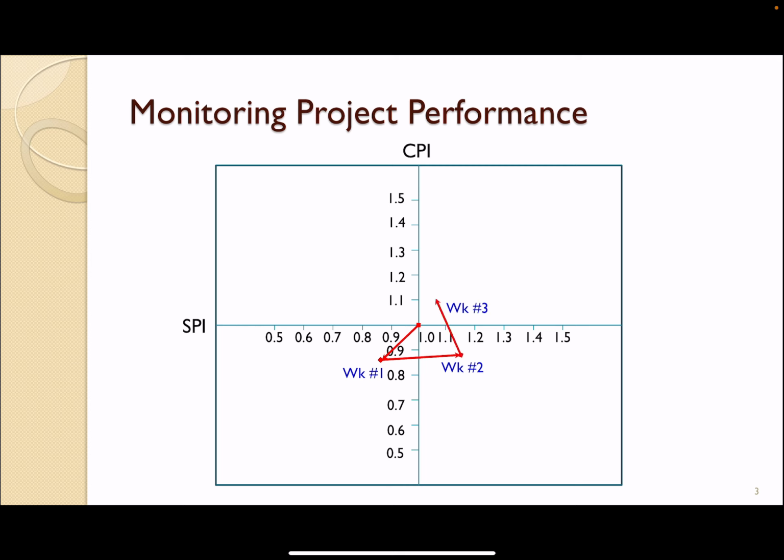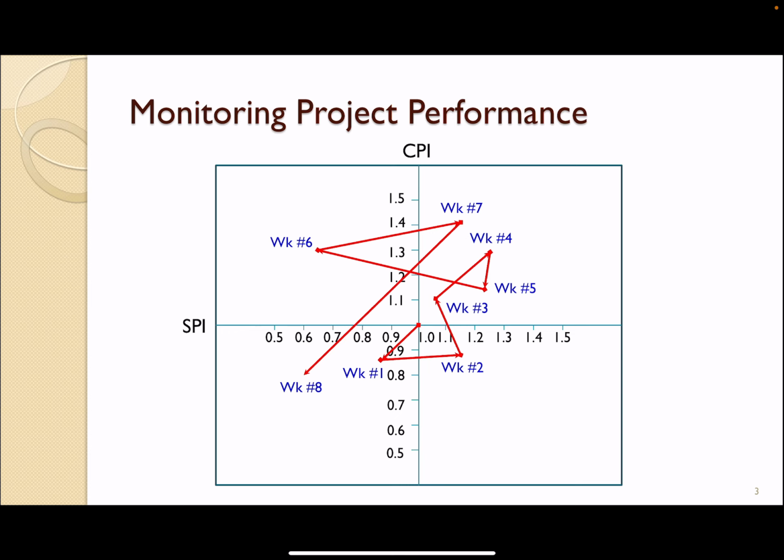Both are favorable. Then week 4 is even better. Week 5 is in the good zone. Week 6, in this case, is under budget but behind schedule. And then week 7 is ahead of schedule and under budget, very good. And then week 8 is behind schedule and over budget.